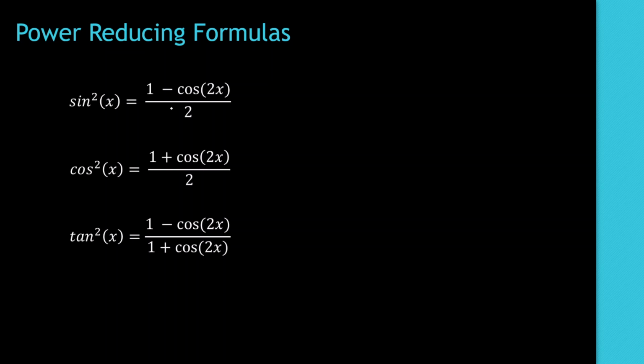But these are useful as well because I can take a sine squared and get back to something that is not squared, or a cosine squared and I can get to something that is not squared. And so these are going to be useful, especially when we get into our calculus and we're trying to do derivatives and integrals, because I won't have that square on there anymore and it becomes easier to do. So we'll get a little bit more use of that later.